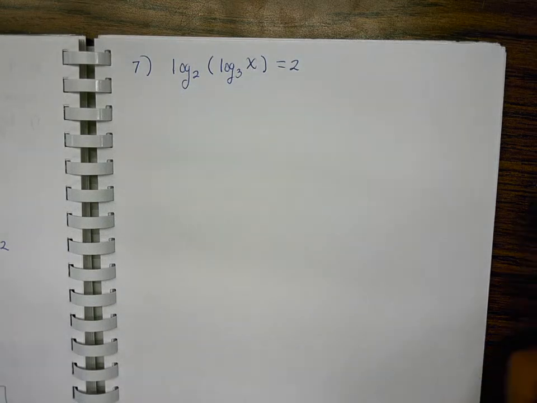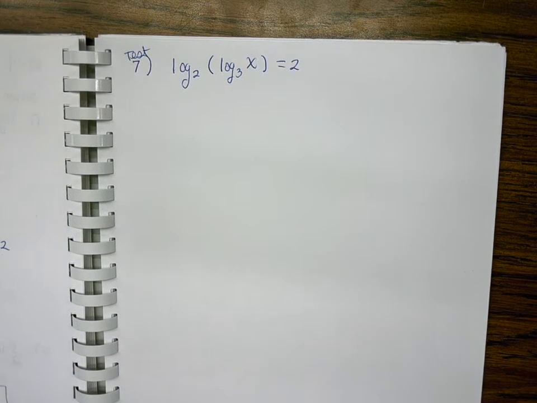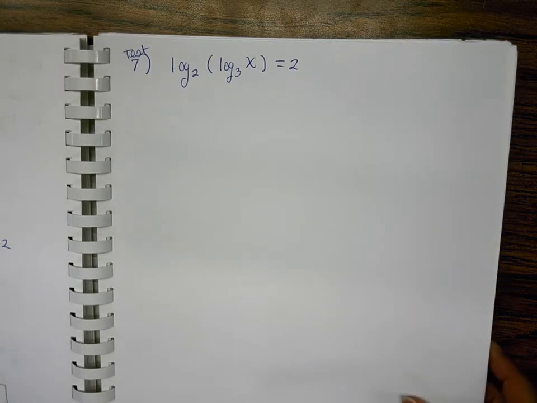All right, I know it looks wonky, it looks funny, but guess what? It is on the test. So we look at this and we're thinking, what do I do here? It doesn't look like anything I've seen.